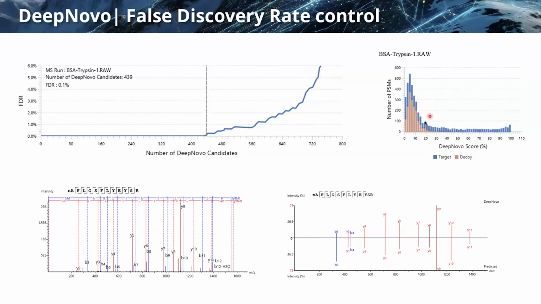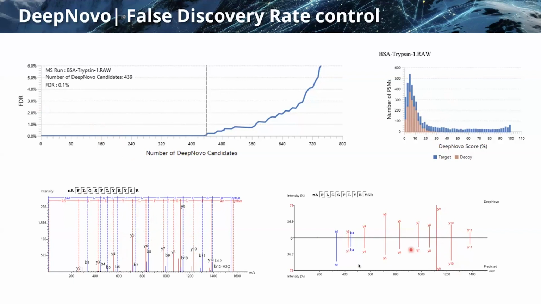We'll also plot the target decoy distributions, and if you take, say, a high confidence score, you can see that the peptide is really nicely sequenced. In this case, target score, right?